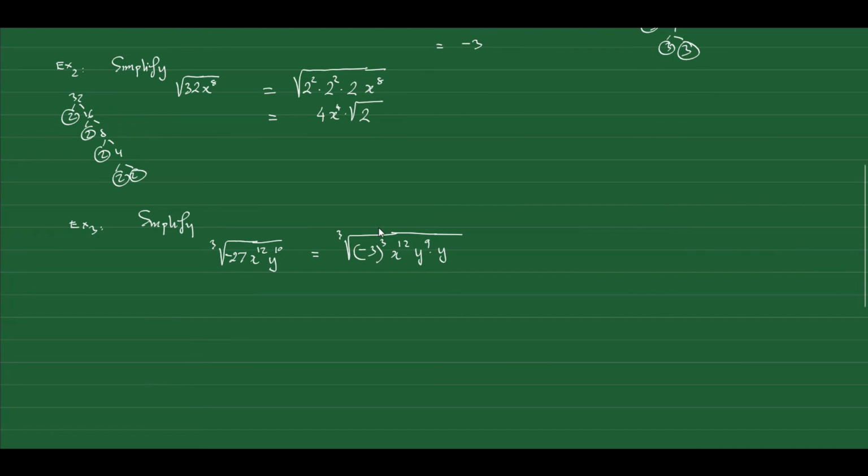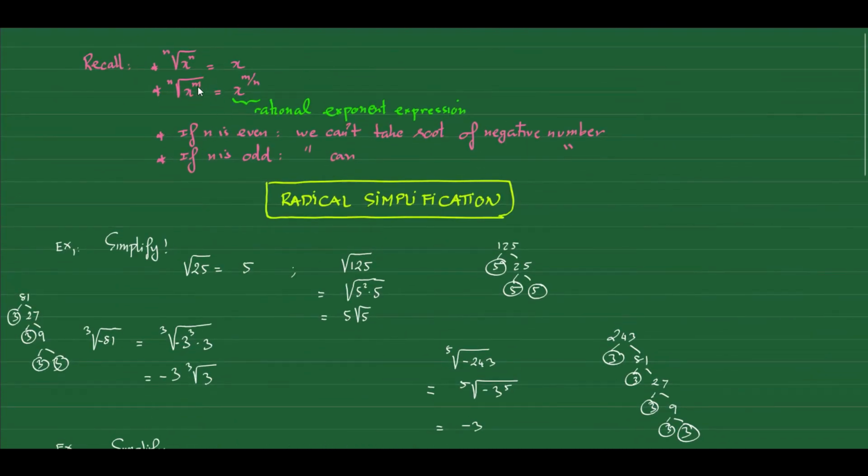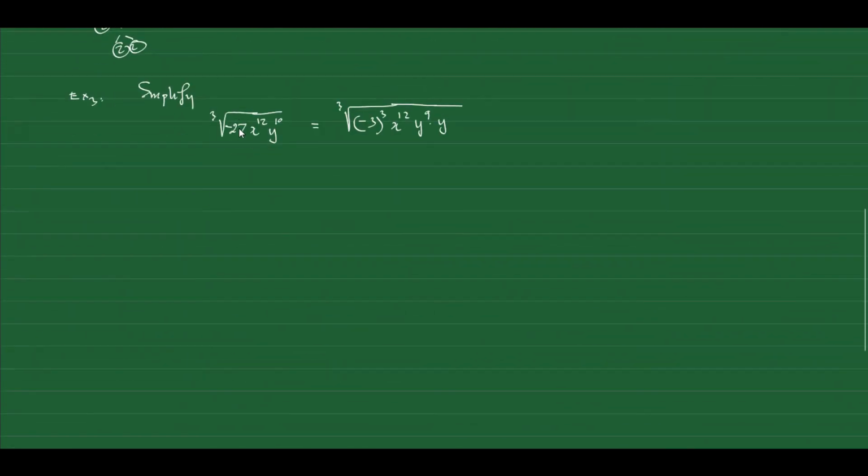So 3 goes into 9 evenly, so I can apply this formula right here. So the cube root of negative 3 to the 3rd, you cancel, you have negative 3. 3 going into 12 will be x to the 4. 3 going into 9 gives you y to the 3rd. And you still have the y over here inside the cube root, so this will be your final answer.